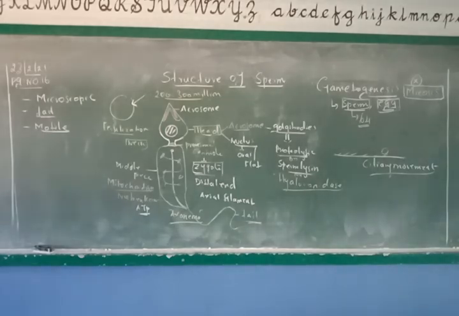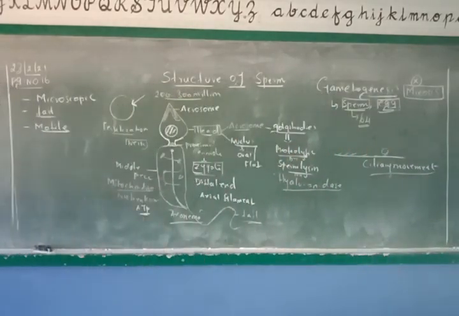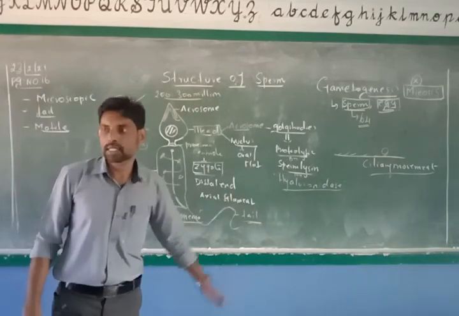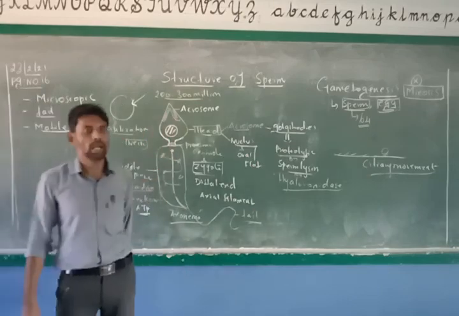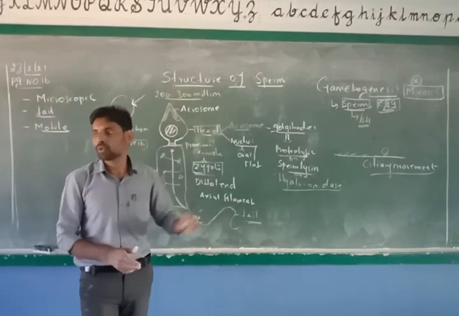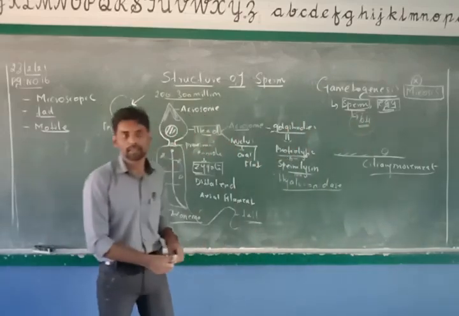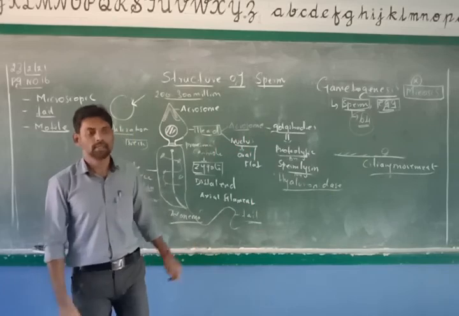That means one spermatogonial cell differentiates to form spermatozoa. If you refer to all the books, you will find 74 to 64. Maximum it is given as 64, so you remember only 64 for the time. Any doubts?